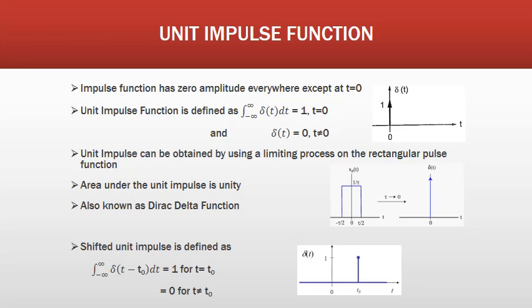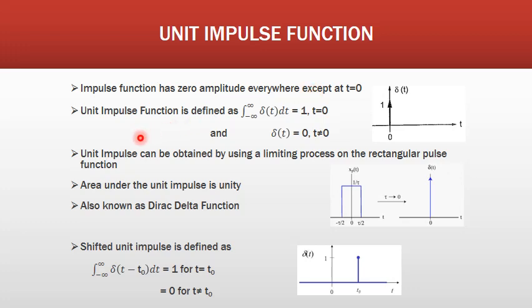While differentiating parabolic function, we will get ramp function. Next, we are going to see a very important standard signal used as input for studying systems behavior, which is unit impulse function. It occupies an important place in signal analysis. The signal has value only at t is equal to 0 and it has 0 amplitude everywhere except t is equal to 0.